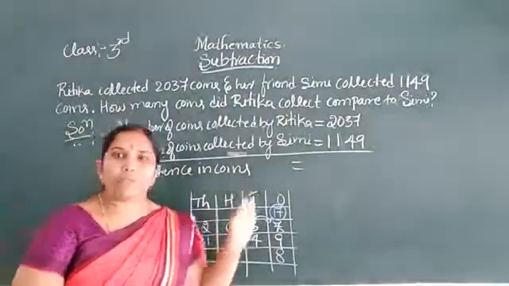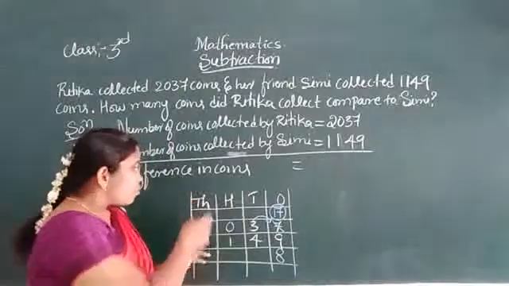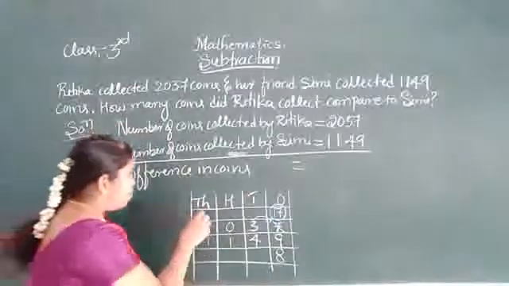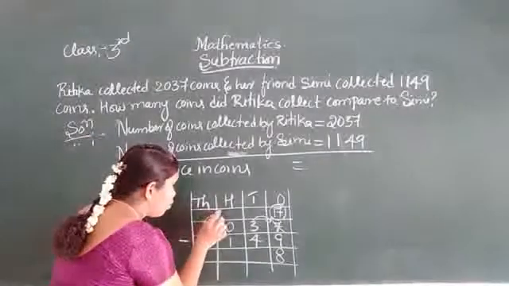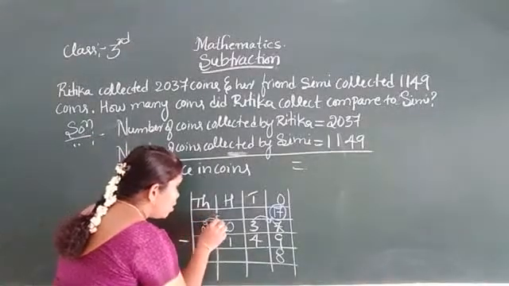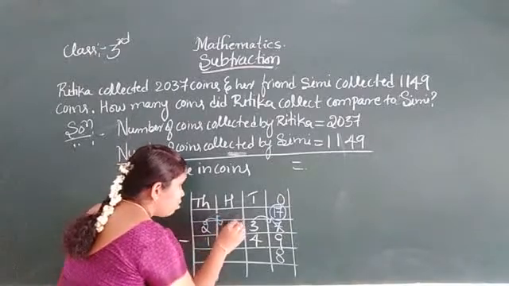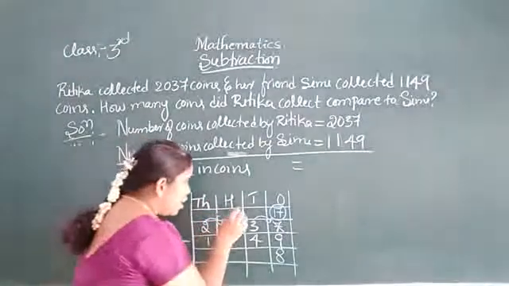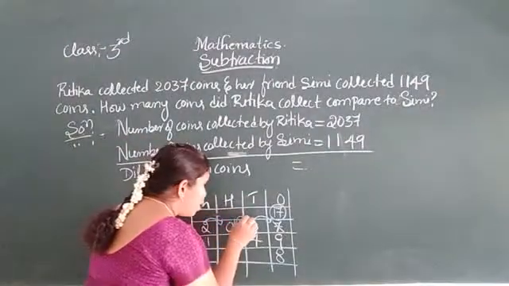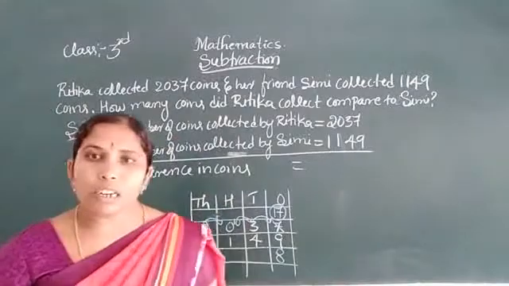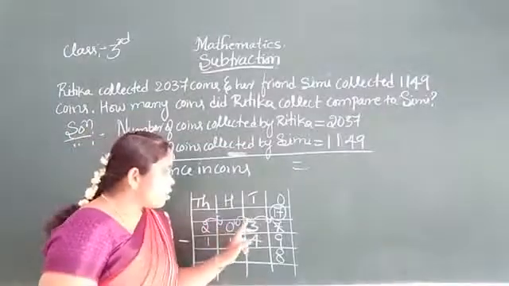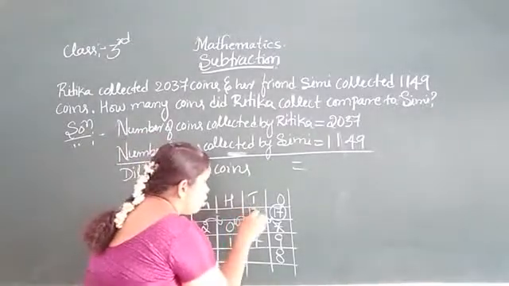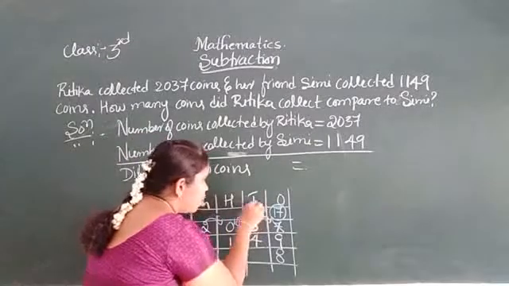Now take a borrow from 2 to 0. 1 borrow equals 10. In that 10, take 1 borrow to this digit 2. Now 1 borrow equals 10. 10 plus 2 is 12. So now the new number is 12, not 3.